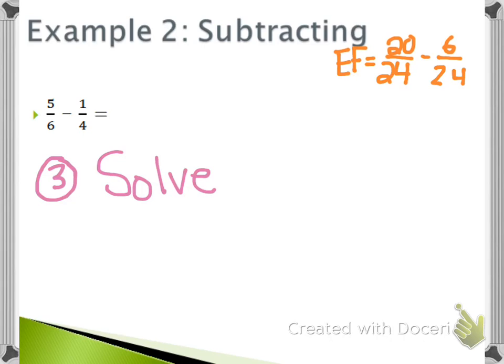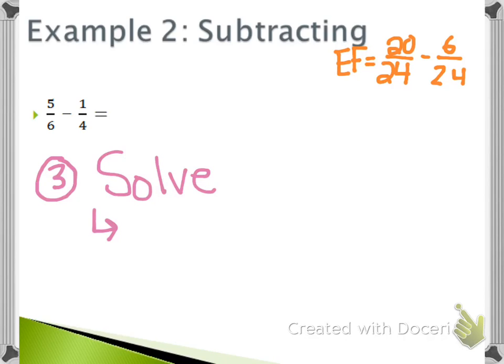Alright, so now we're ready to solve. Just like before, I have the two equivalent fractions written in the top right-hand corner. So EF stands for equivalent fractions. And my two equivalent fractions are 20 24ths and 6 24ths. And so now it's going to be really easy for me to solve this problem, because now we have common denominators.